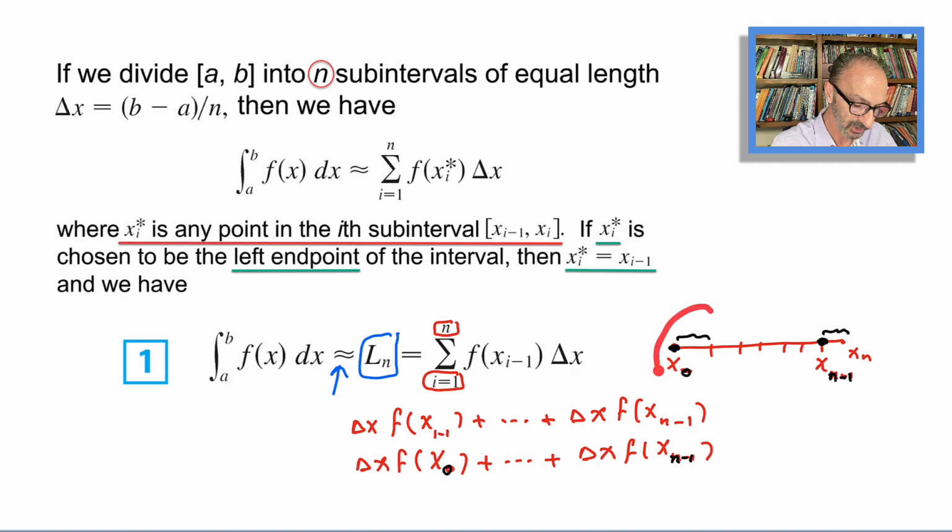So being in the first interval, considering x sub 0, that means you're looking at your left. Let's look at the last subinterval. For the last one, we're going to use n. So if you plug in n for i, that will be n minus 1. So you're still considering your left point, which is right here on the left. That's the left endpoint approximation.